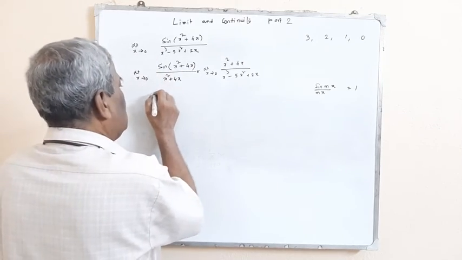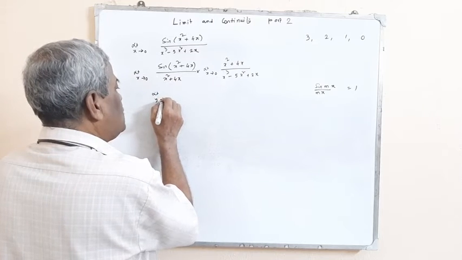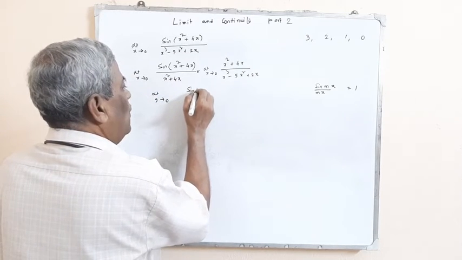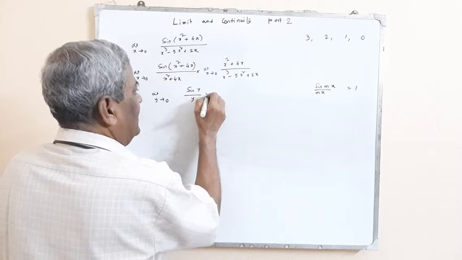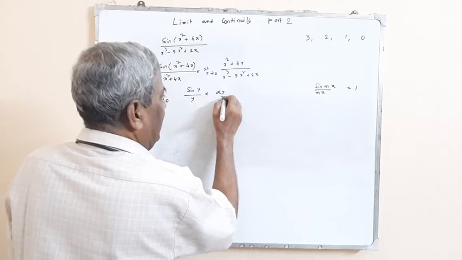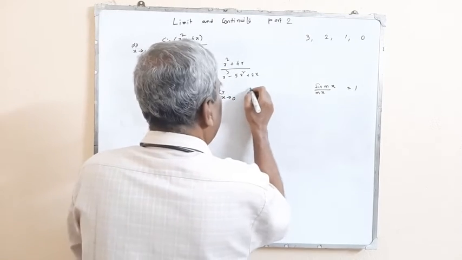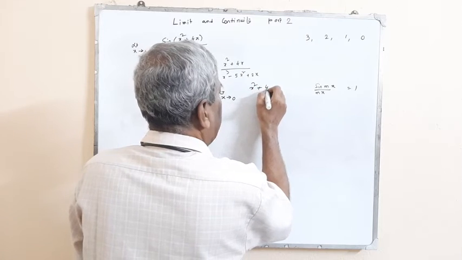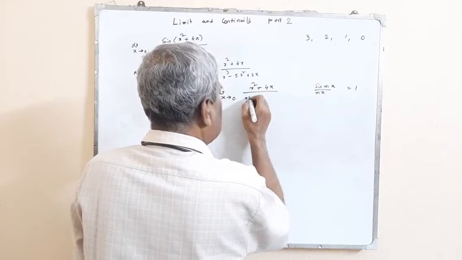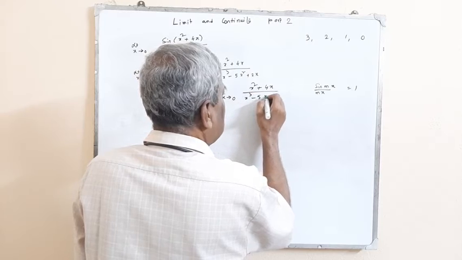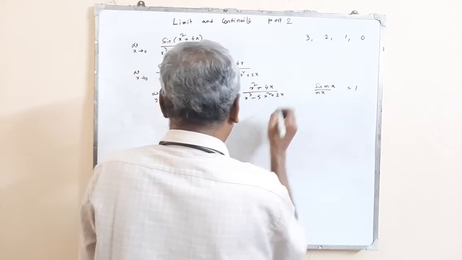So it is equal to limit y tends to 0 of sine y by y into limit x tends to 0 of (x square plus 4x) by (x cube minus 5x square plus 2x).